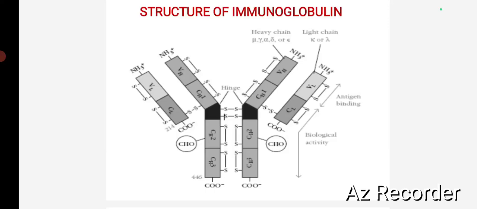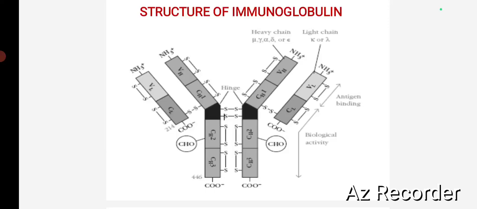Both the heavy chains' CH2 portions are attached with CHO. CHO means carbohydrate binding sites, so that the immunoglobulins are called glycoproteins. Glycoprotein in the sense that the protein is also attached with a carbohydrate moiety.